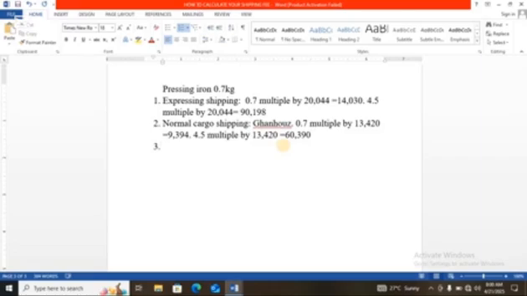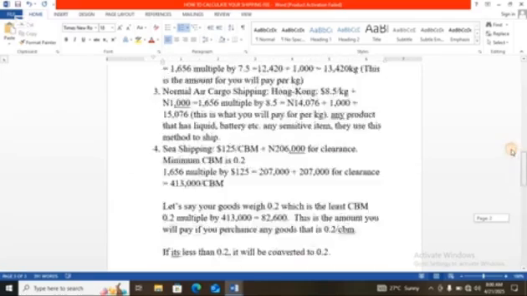Now let's say you are buying a sensitive item and the weight is the same. So let's see how much you are going to pay. Let's say normal cargo shipping, the Hong Kong route. Let's say it is 0.7, you multiply. So how much is it per kg that we did the calculation?